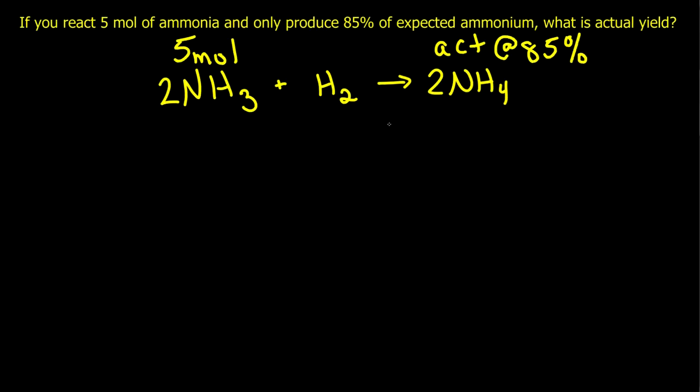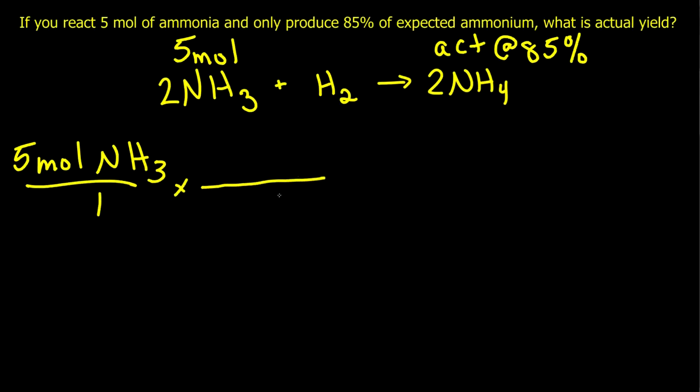So first we got to do a little bit of stoichiometry. Figure out our theoretical yield. It should be fairly simple since we're just doing a mole to mole conversion. So I got 5 moles of NH3. It's over 1. I need to change moles of NH3 to moles of NH4. So moles NH3 go on bottom. Moles NH4 go on top.